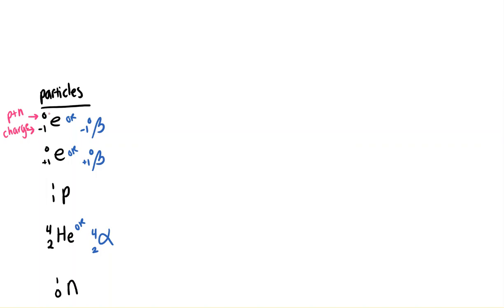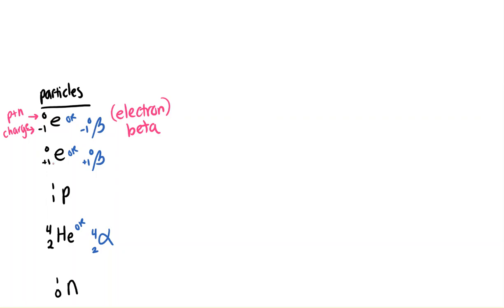On the first one, it tells you there's no protons present, but then it has a -1 charge. So this is basically an electron. Technically, it's an electron that came from the nucleus as it decays. We call that a beta particle, and notice I wrote "or" because sometimes it can be shown with this beta sign.